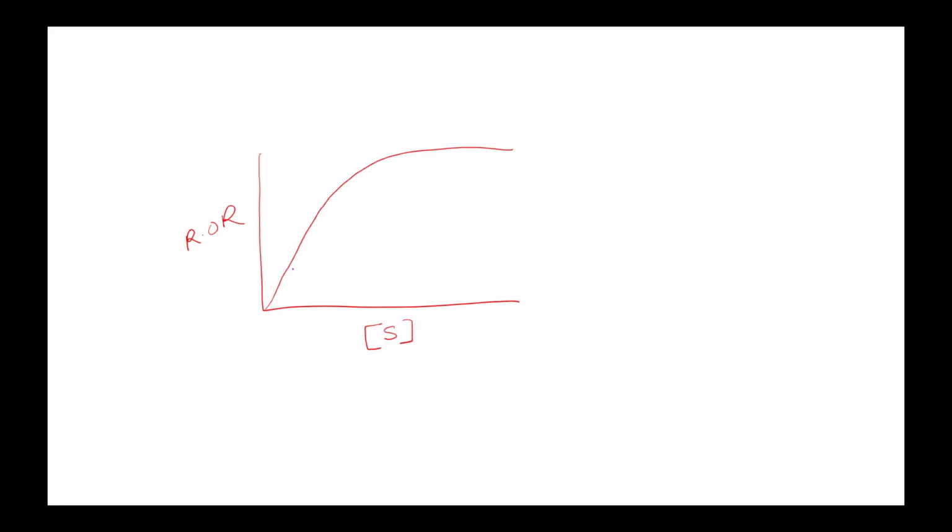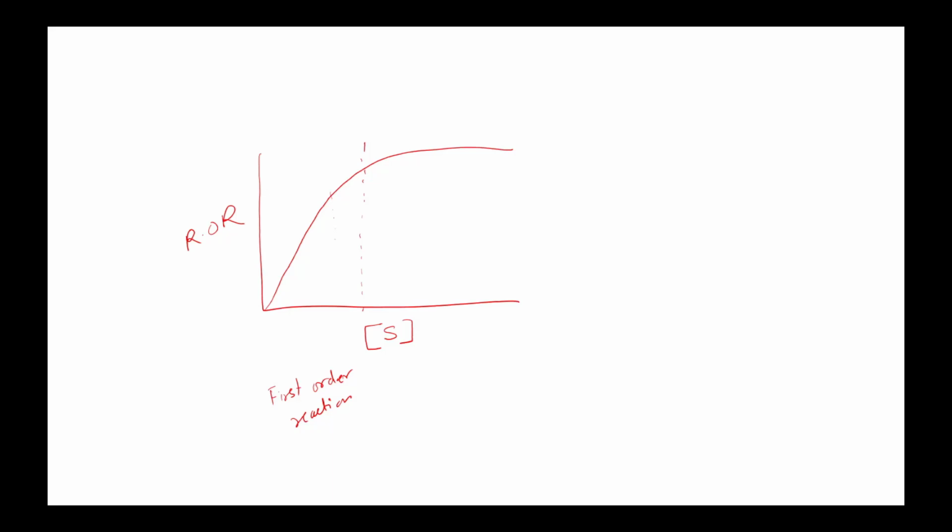When it increases linearly, the rate of reaction is dependent upon the substrate concentration. So from here till here it follows first order kinetics. It is a first order reaction.